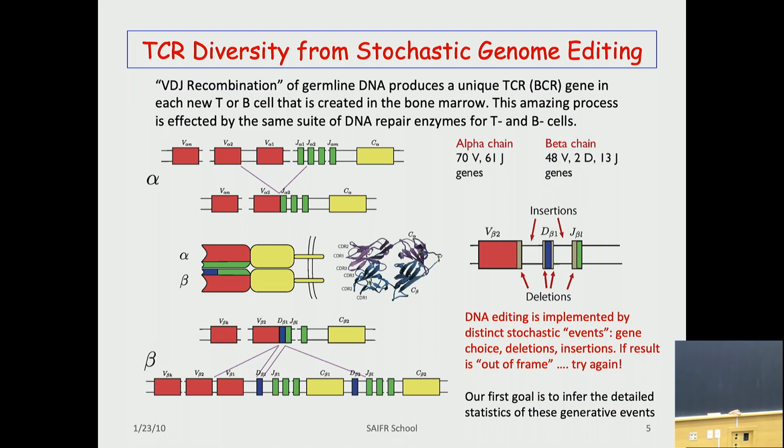I gave you a song and dance about how modern sequencing technology allows you to collect millions of examples from any individual human being of the sequence of the T cell receptor in the T cells that they have in their body. And we use this to create a black box.